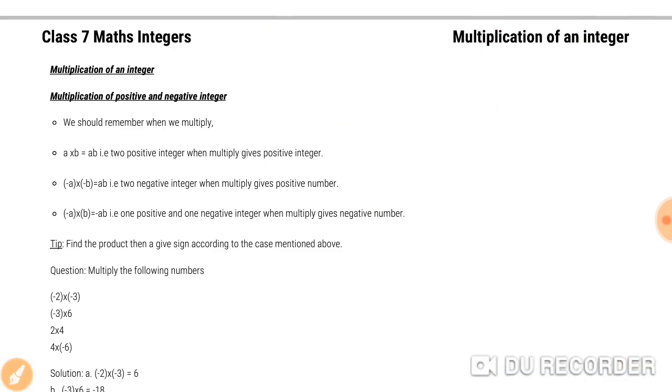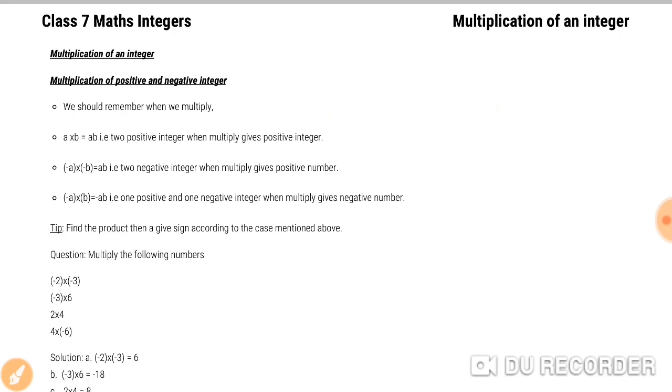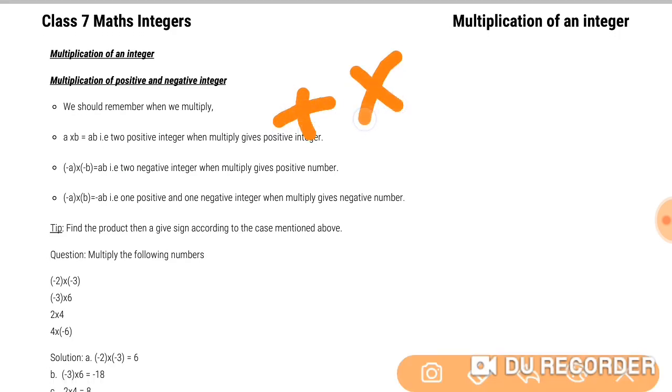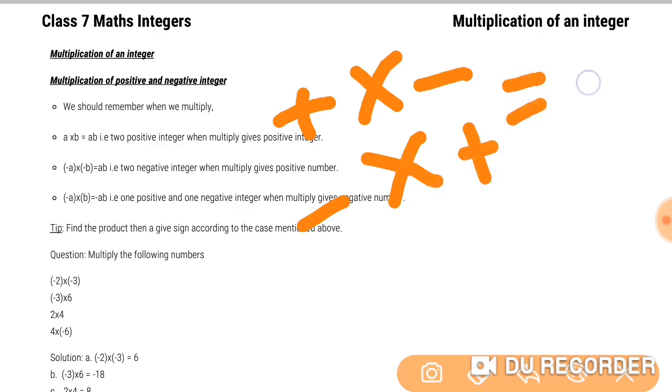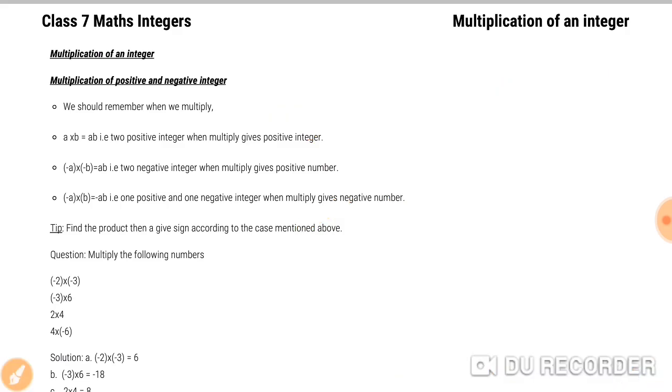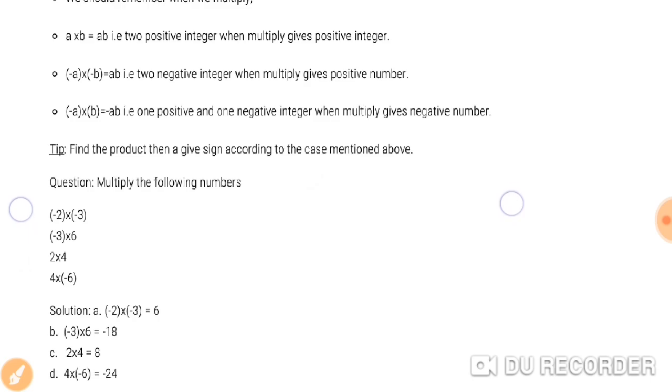If they are different, one positive and one negative, the answer always comes negative. Keep it in mind. Same signs multiply to a positive answer. Different signs multiply to a negative integer.